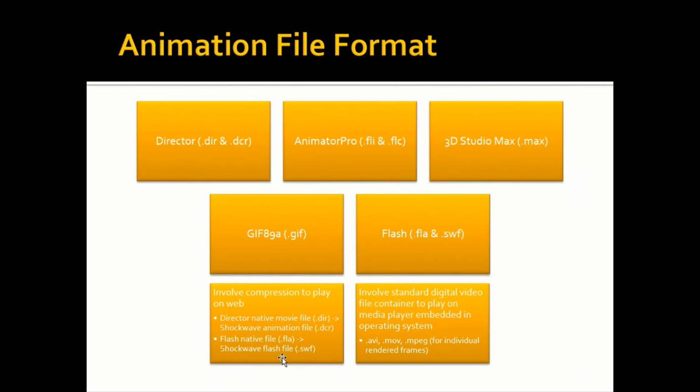The other example is converting the Flash native file into Shockwave Flash. It also involves a standard digital video file container to play on the media player embedded in the operating system. Different operating systems require different standard digital video file containers, for example AVI, Movie, and also MPEG, which are commonly used in the Windows operating system.